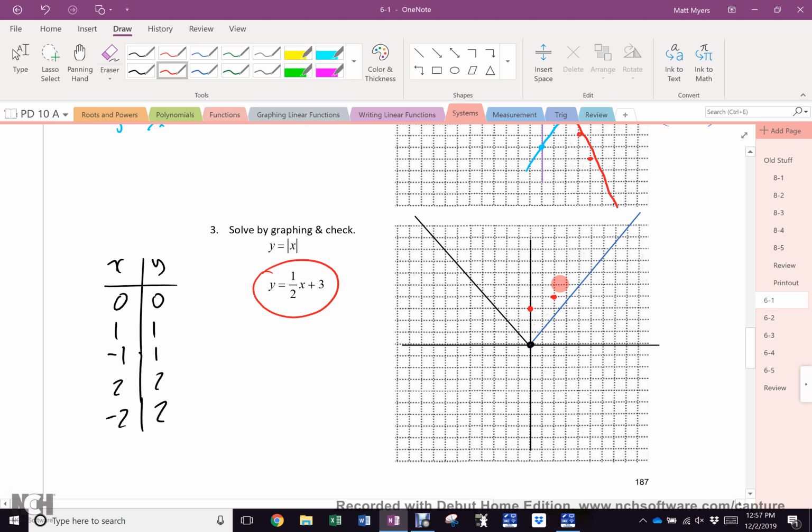Okay, you're doing run over rise. That's cool. And what do you notice right there and right there? 2 intersections, which means how many solutions are there to this system? 2. What are they?